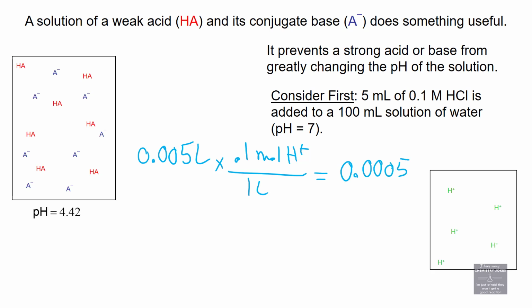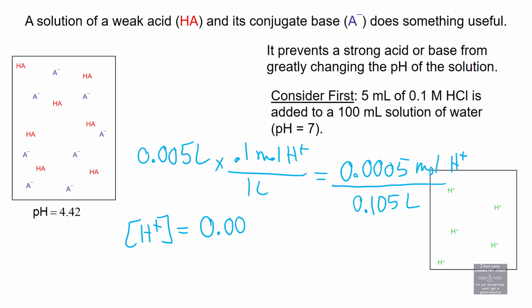That gives 0.0005 moles of H+, divided by total solution volume in liters, which would give me the concentration of H+. That makes my concentration of H+ 0.0048, sure, 4.8 times 10 to the negative 3.